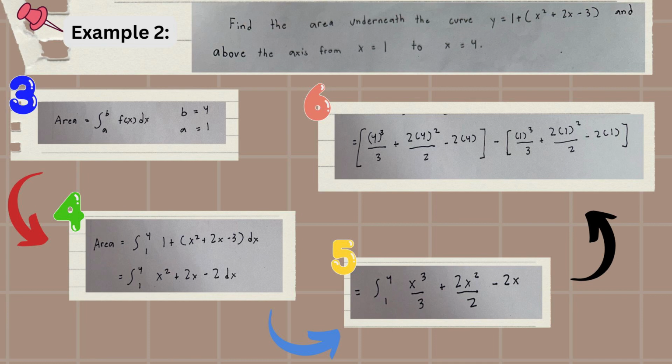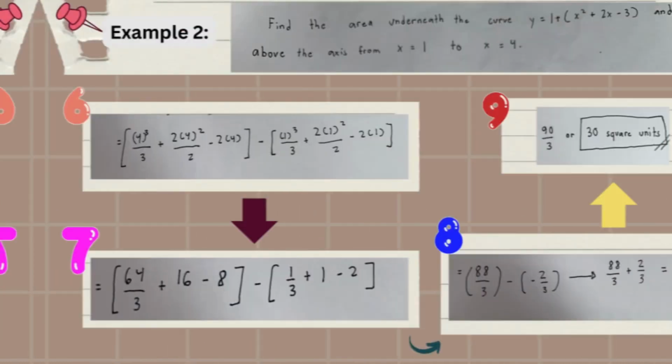Moving on to the sixth step, we substitute the values of 4 and 1 into the equation. So it will become 4 cubed over 3 plus 2 times 4 squared over 2 minus 2 times 4. Then for the next value, minus 1 cubed over 3 plus 2 times 1 squared over 2 minus 2 times 1.